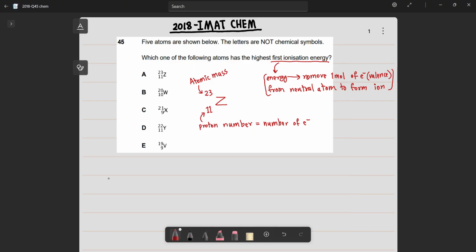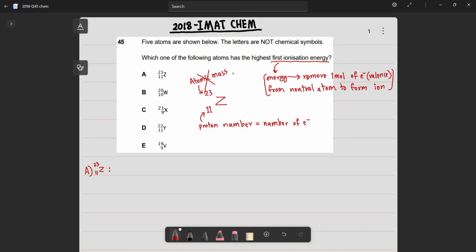So I'll show a very basic and simple electronic configuration. First, we'll go for option A, which is Z 23 11. While we are solving this question, we'll kindly ignore atomic mass, because it doesn't have any effect on the ionization energy, as it's just the sum of neutrons and protons.